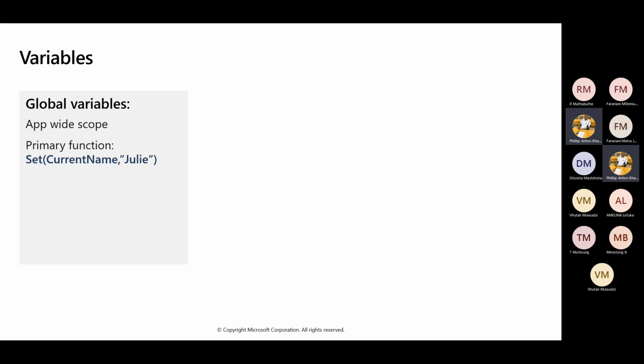This is how you would set a variable. You would say Set and then the variable name, then you would put in either a comma or a semicolon. It's very weird, but I can't explain how, right? On other people's machines, you can use a comma and it will work in all the functions.